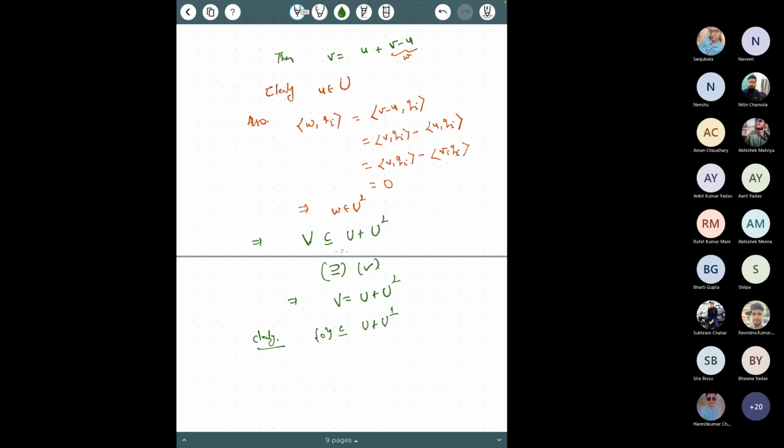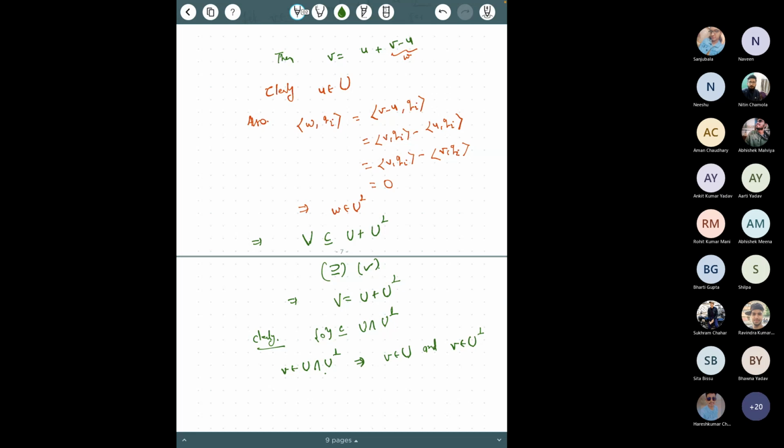For the other side inclusion, let us take any vector V in U intersection U perp. Yeah, intersection, sorry. So take V, any vector in the intersection. If this is in the intersection, then V is in U and V is also in U perp. Now, what can you say from here? V is a vector in U and V is also a vector in U perp.